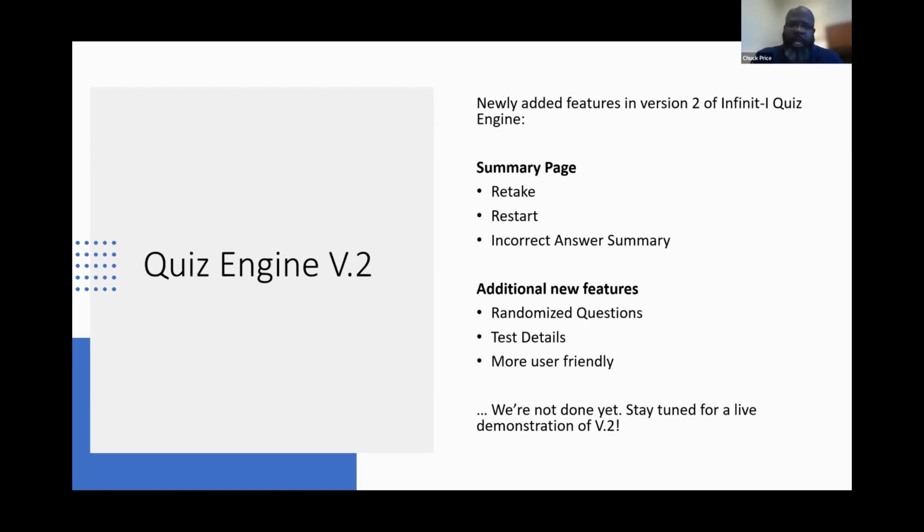Additional features we have added is the randomized questions, where the questions will rotate every time you pass through with every attempt. And then more testing details, and again, very user-friendly. And we're not done yet. Stay tuned for a live demonstration and also future updates as we continue to work on version 3.